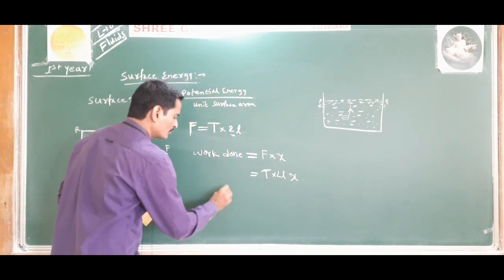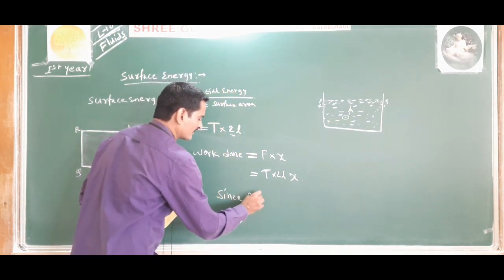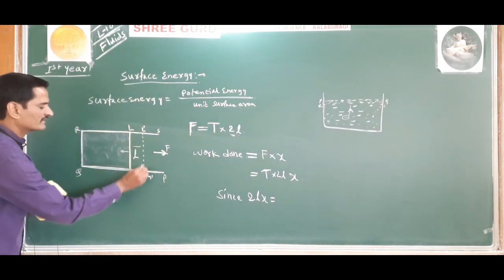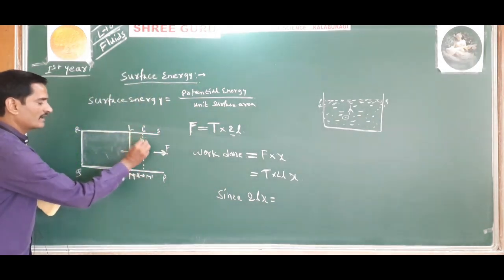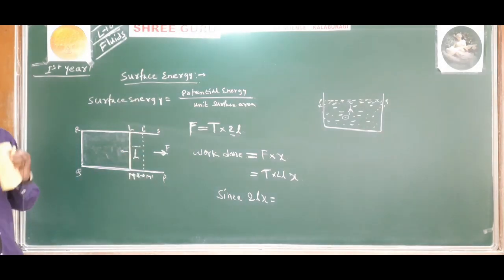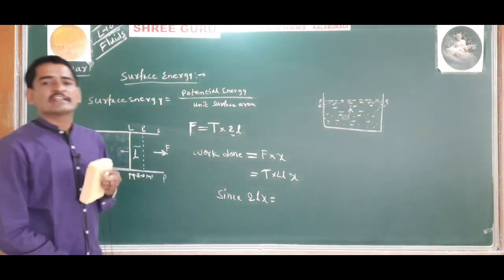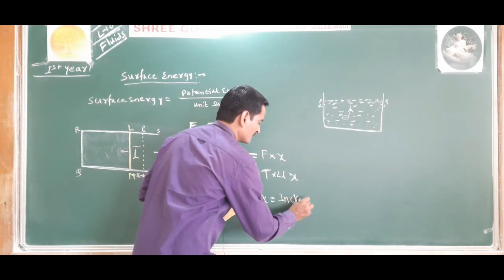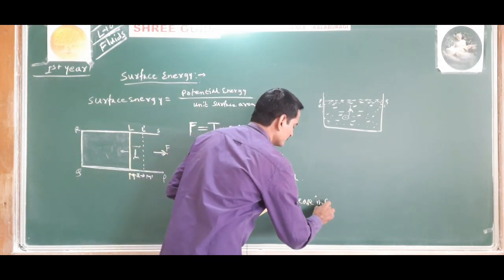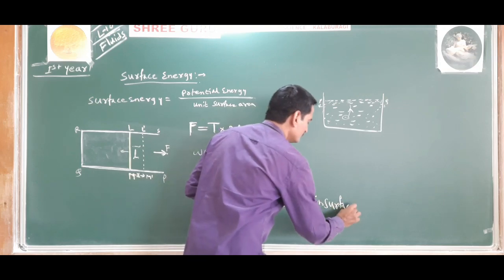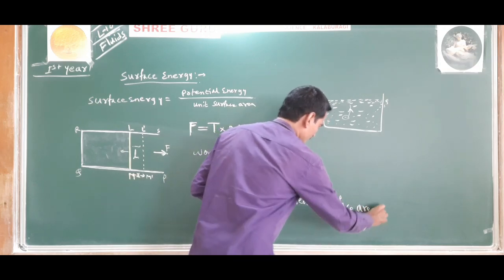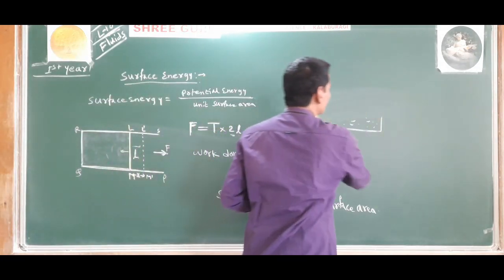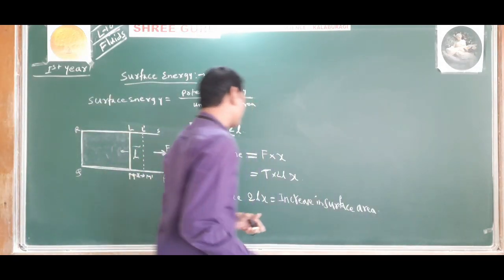And 2L into x is nothing but the increase in the surface area. So 2Lx is the increase in the surface area.